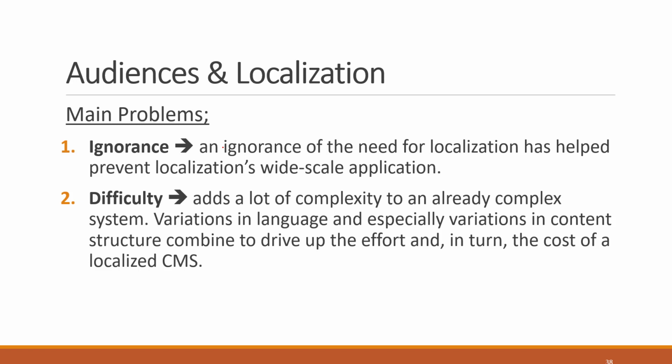So what is the problem of audience and localization? Okay, ignorance. Ignorance of the need for localization has helped prevent the wide-scale application of localization. So the difficulty is that it adds a lot of complexity to an already complex system.